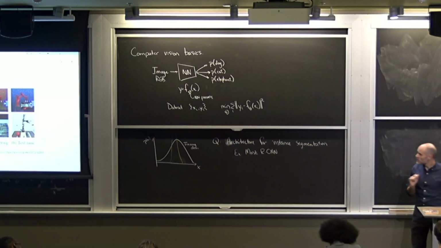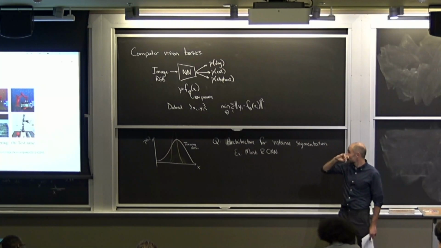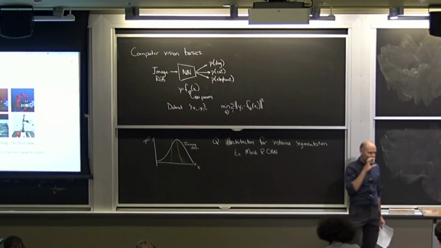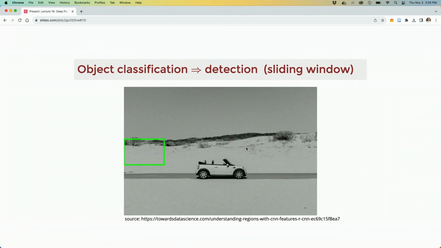Okay, so the simplest way to go from an image recognition system to an object detection system would be to just take a lot of different sub-pictures inside your image, and for each one of those, the sliding window would be the simplest version of this, right?